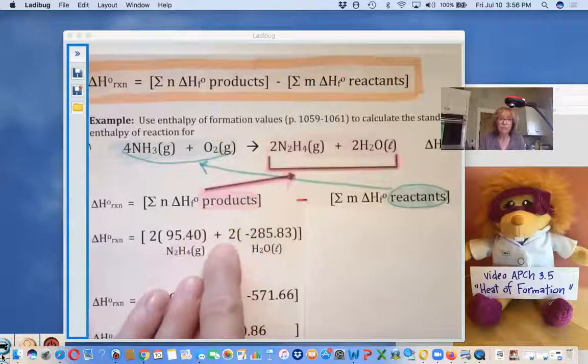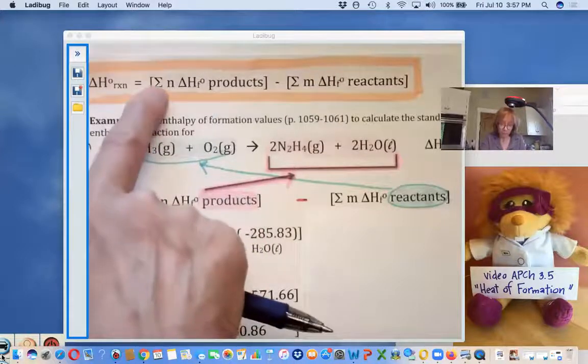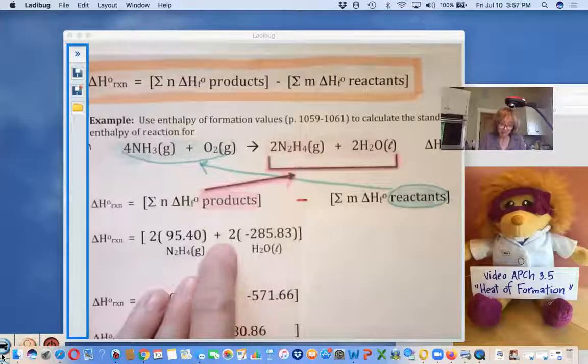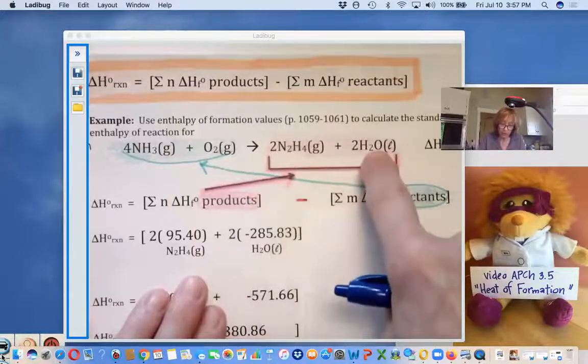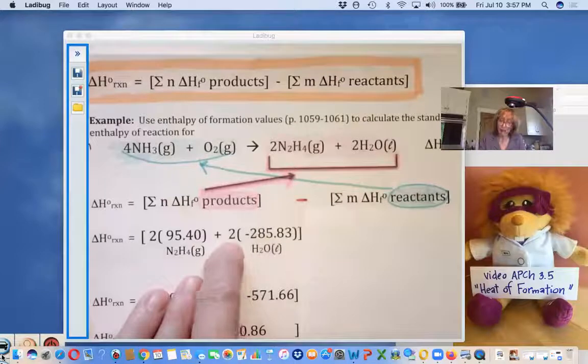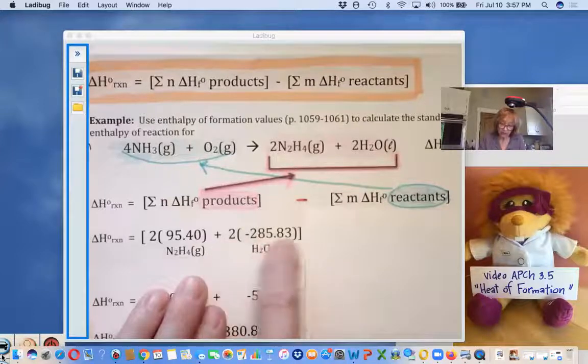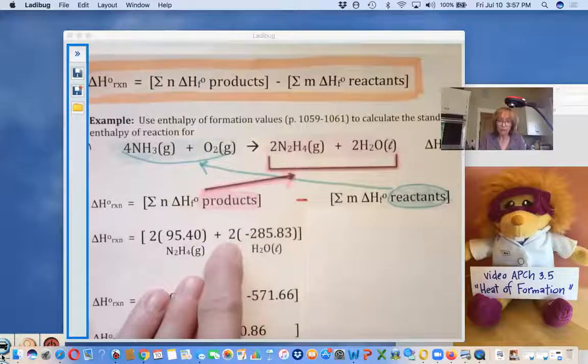And remember, we're summing up. I'm going to add to that the other product, which is H2O liquid, 2 of that. So this is the value I find in the back of the book, and I'm going to multiply it by 2.